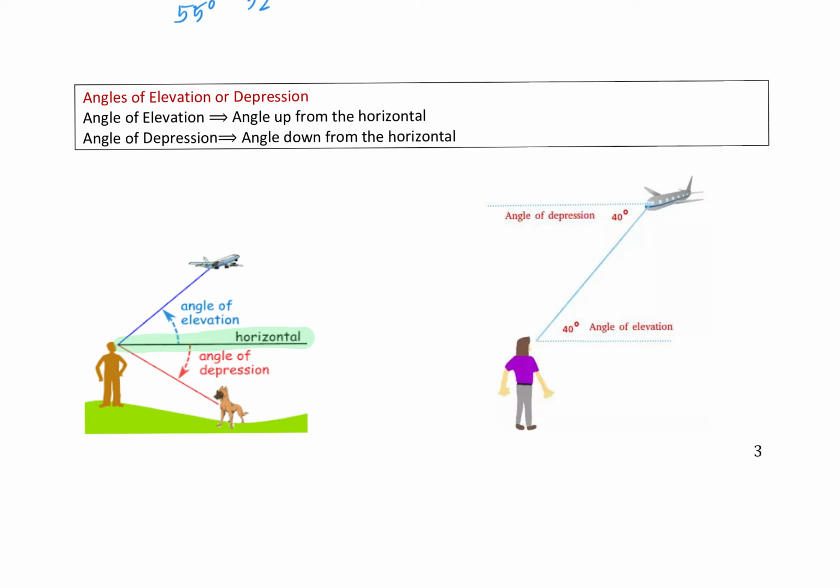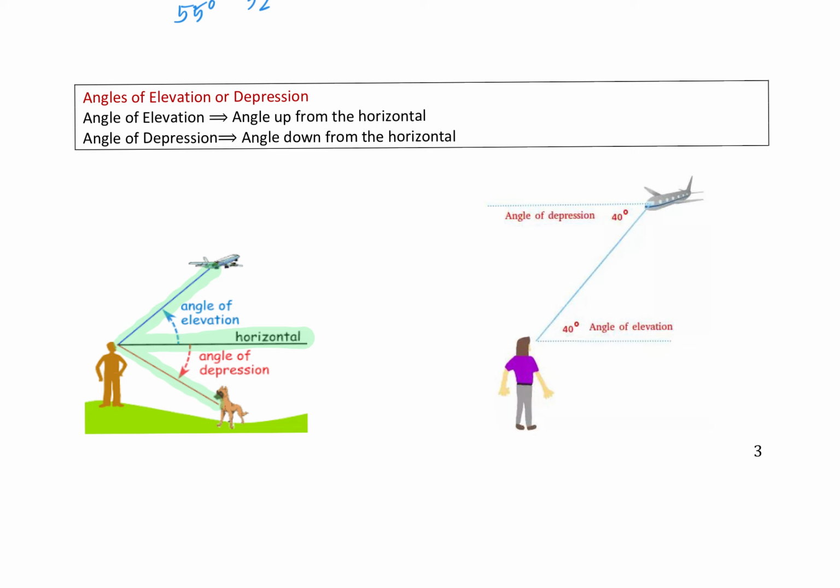If the person has to look up at an angle to see something up high, such as an airplane, that would be an angle of elevation. If that person has to look down to see something on the ground, like a dog, that would be an angle of depression because you're going down from the horizontal.